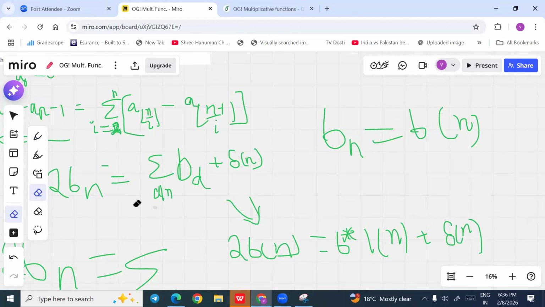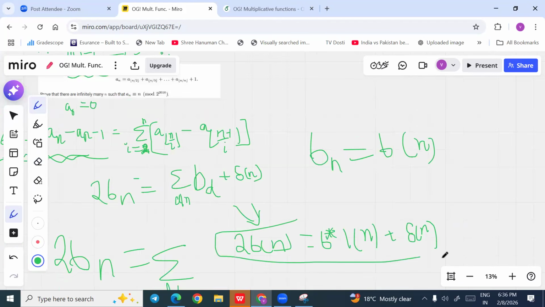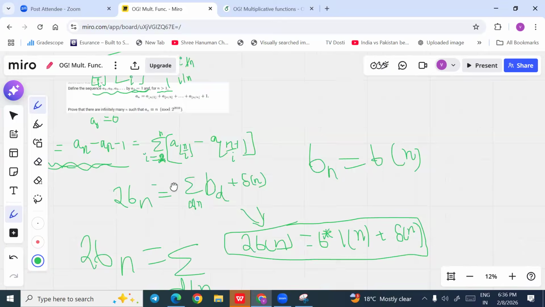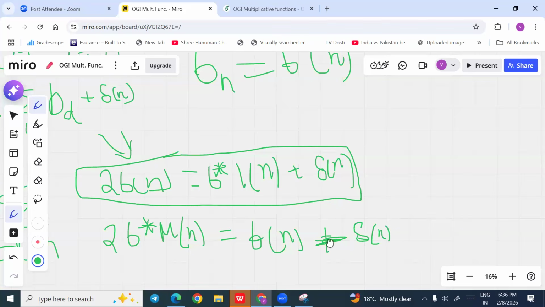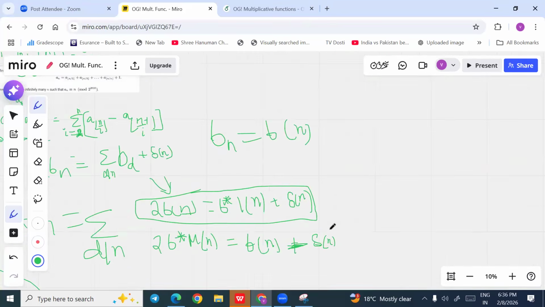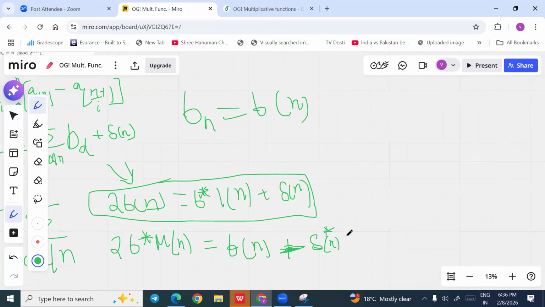Yeah, it does. Okay, so you have this relation now, which is very interesting. Now what we will do, you will just convolve both sides with the Mobius function. So you will get modulus of n, and you'll get b of n back over here because 1 cross mu will become delta and b cross delta will become b, and you'll get plus delta n cross v2.